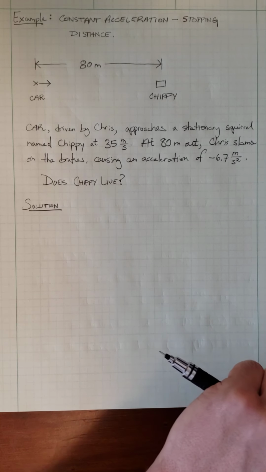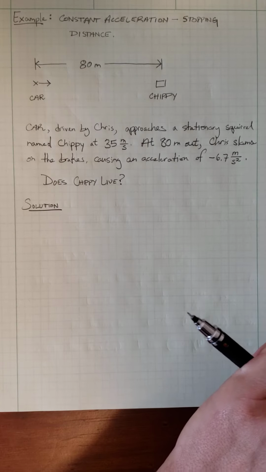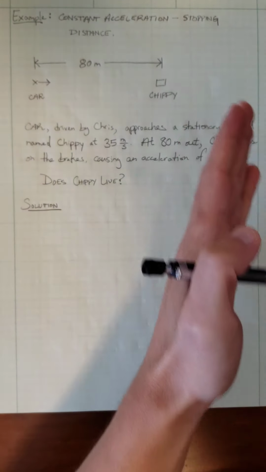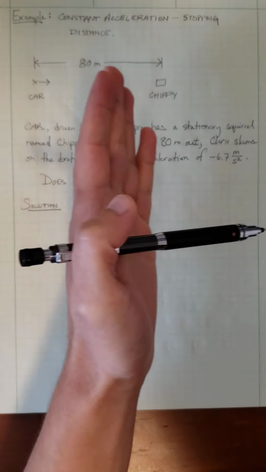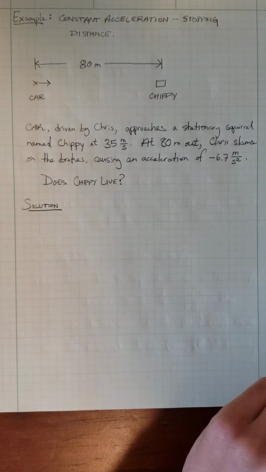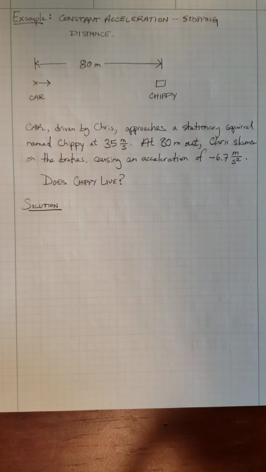So we can simply figure out where we will come to a stop, and if that distance is beyond Chippy, Chippy is dead. If that distance is before Chippy's location, Chippy survives. Now, sometimes the hard part is starting.